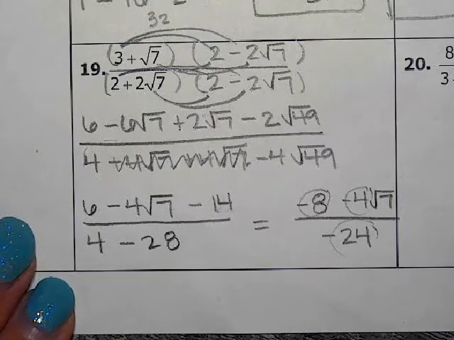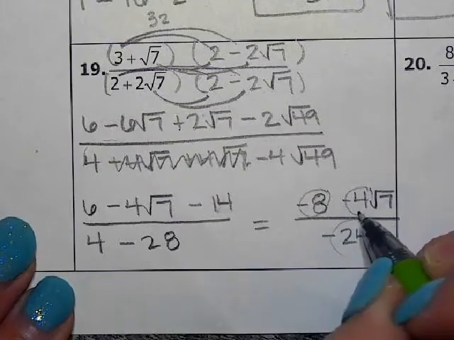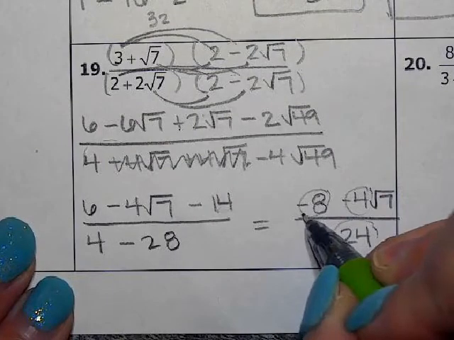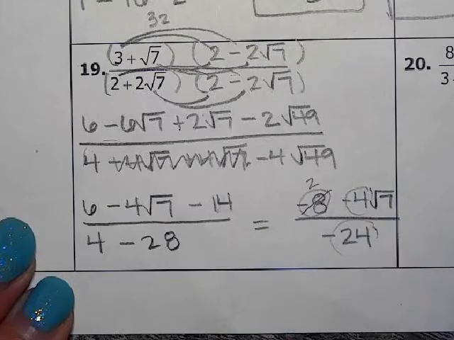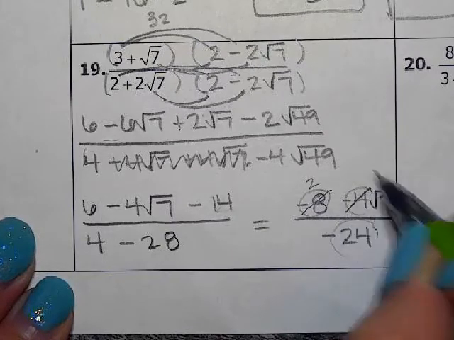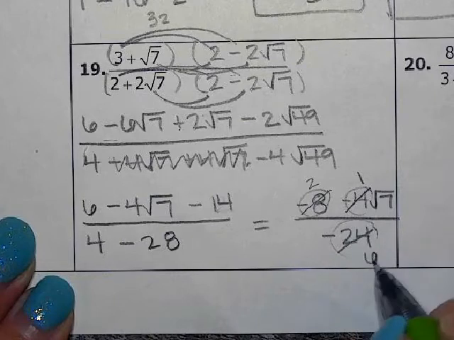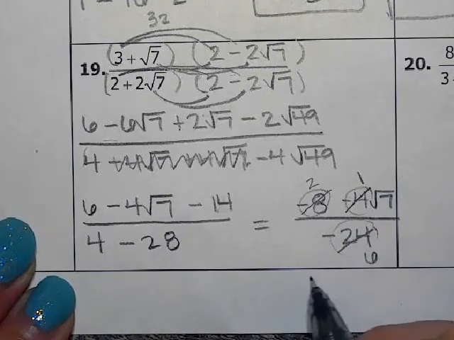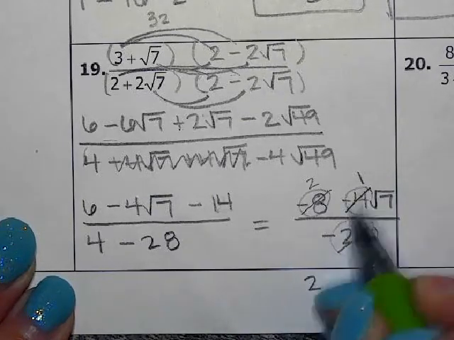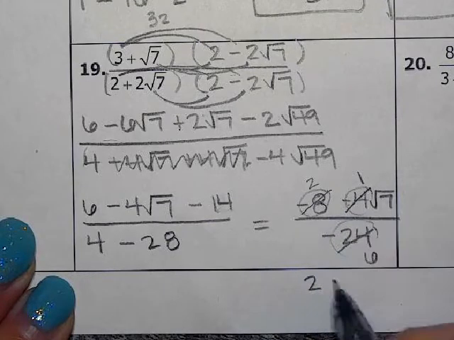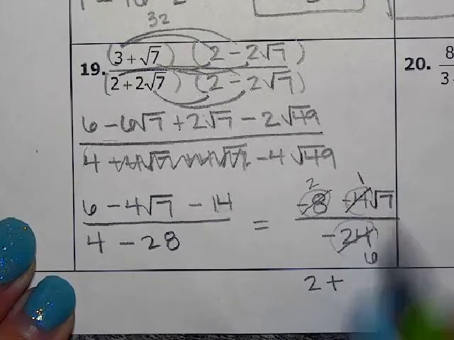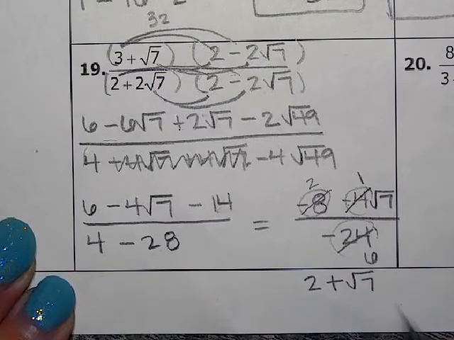So if we divide this by negative 4, we get positive 2. Divide this by negative 4, we get a positive 1. Divide this by a negative 4, we get a positive 6. So we get a 2. This is tricky because it's not a minus anymore, it's a plus. Plus 1 root 7, or just root 7, over 6.